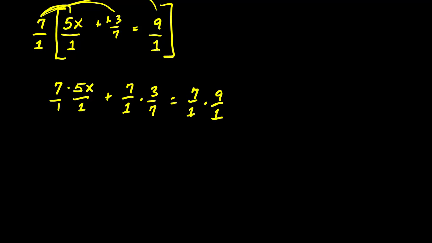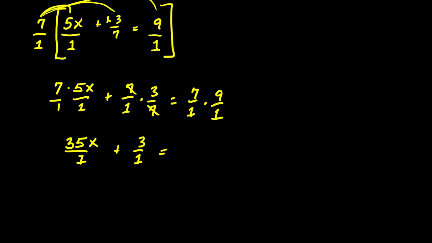So now we'll just do the arithmetic. 7 times 5 is 35. That's going to be x. These 7s cancel out when we do this. So now I have 3 over 1.